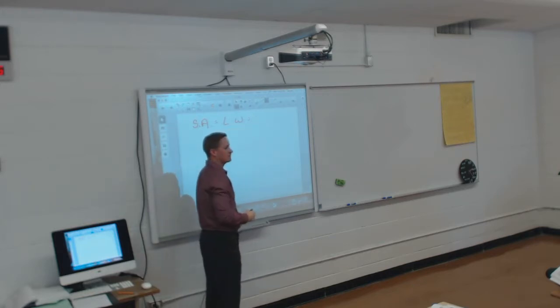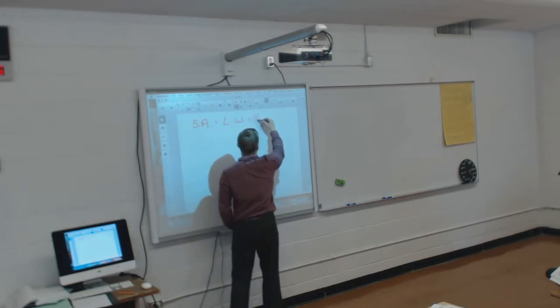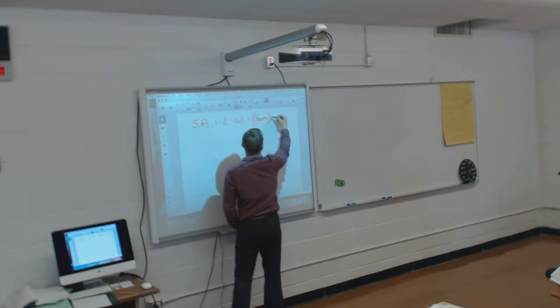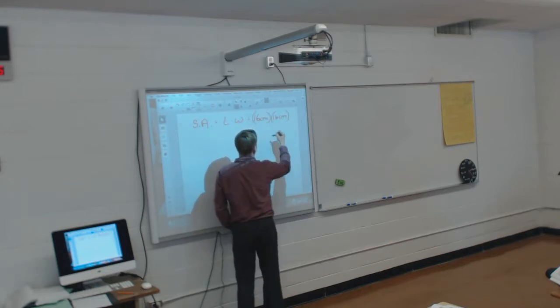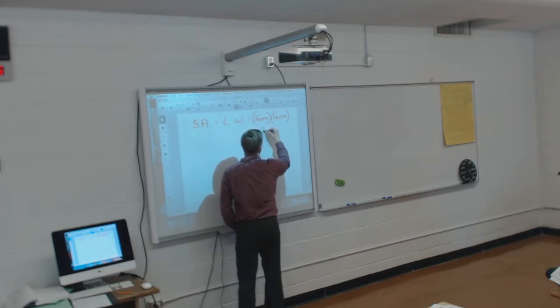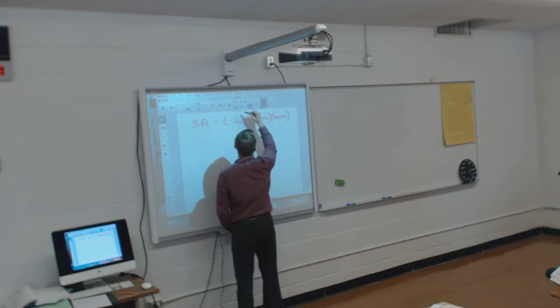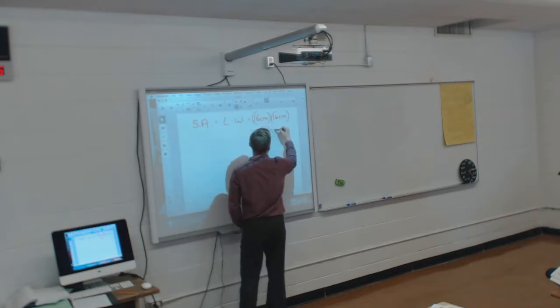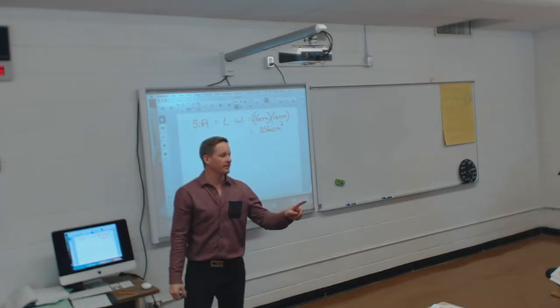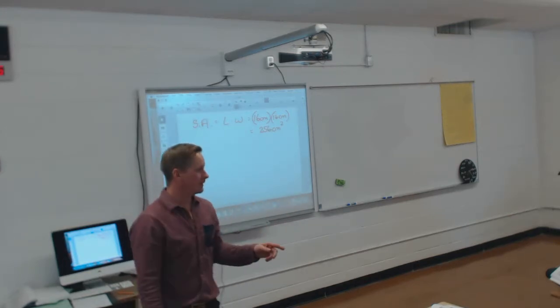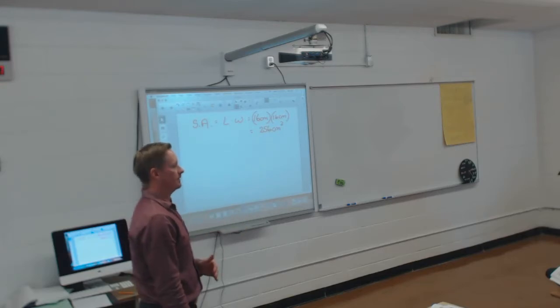What's the length? 16 centimeters. What's the width? 16 centimeters. So the area is 256 centimeters squared. So what did I just find? The area of the base of the right pyramid.